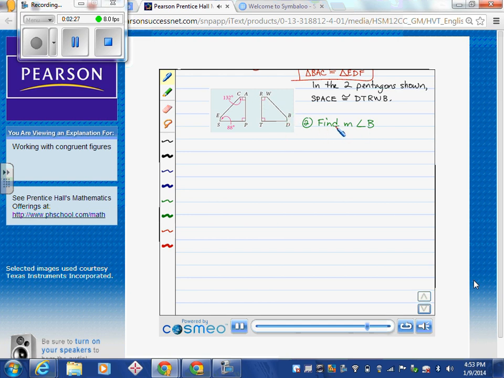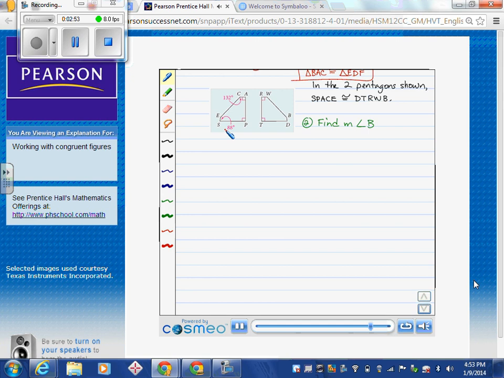And then you're asked to find the measure of angle B. You're not given much information about the angles of pentagon DTRWB other than you have two right angles. Right? But you do know that since this pentagon corresponds to and is congruent to the pentagon to its left, you can find out what you need to know about those angles and then relate them to the second pentagon.